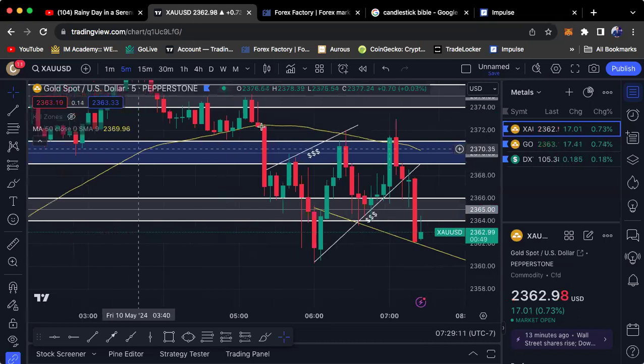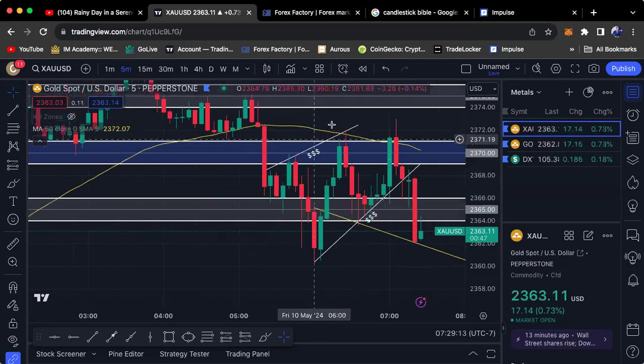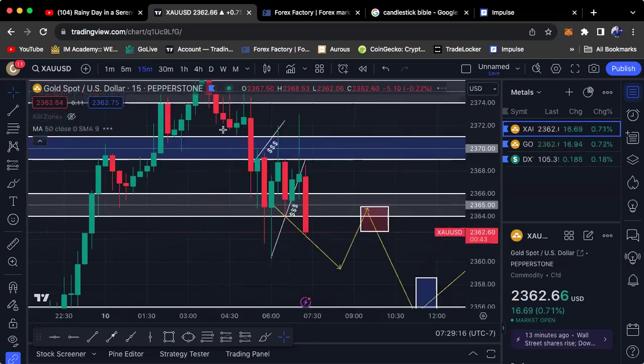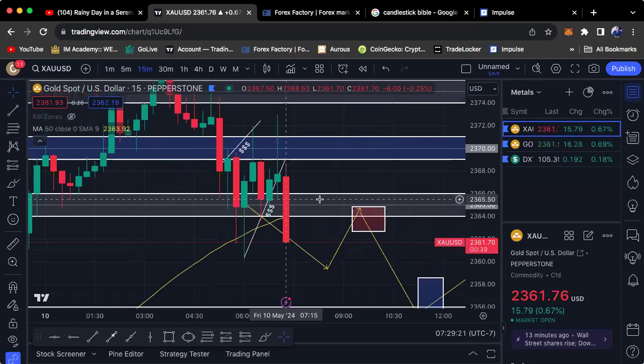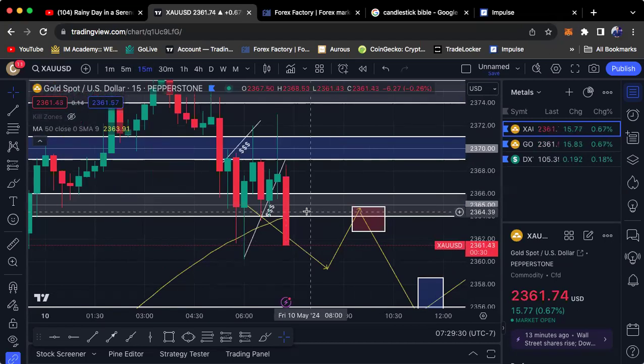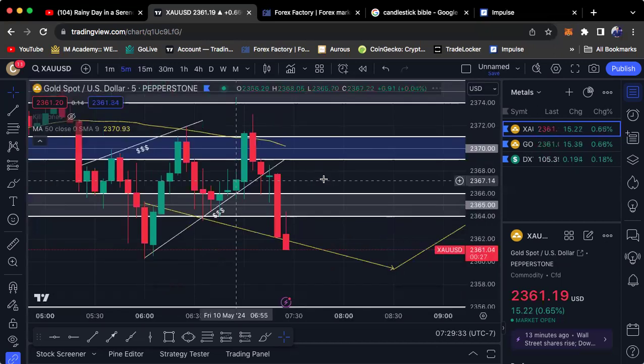See this EMA, this price is below this EMA. 5 minute. We have 40 seconds left on this 15-minute candle. Price broke below the structure. It's breaking structure. It's looking bearish.